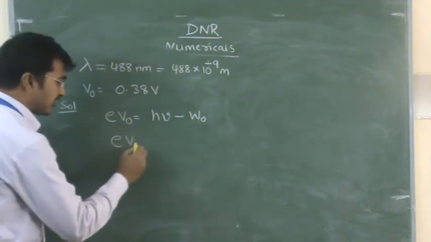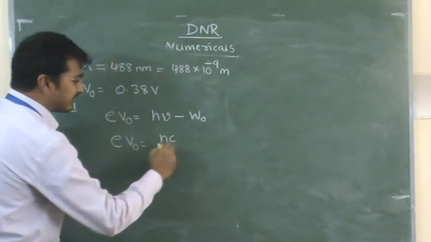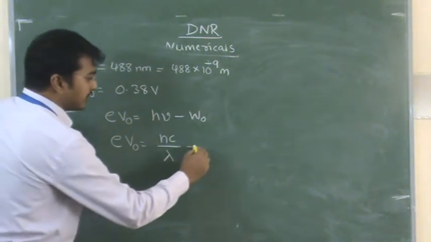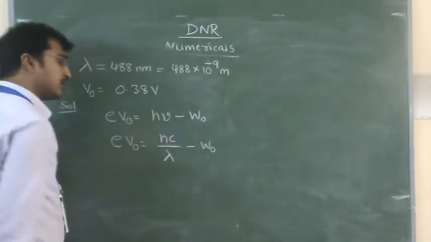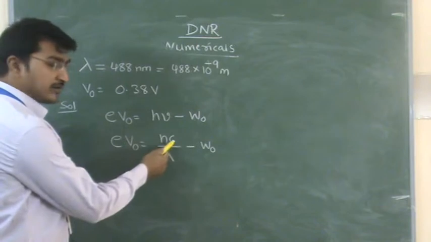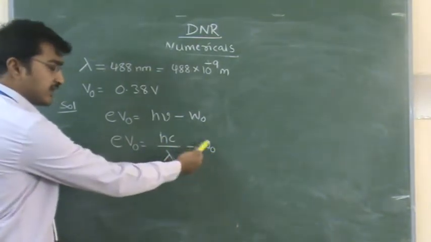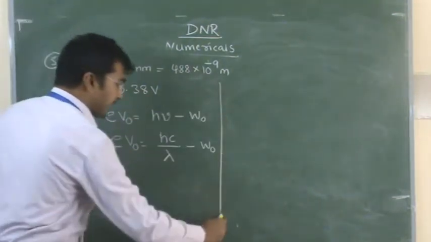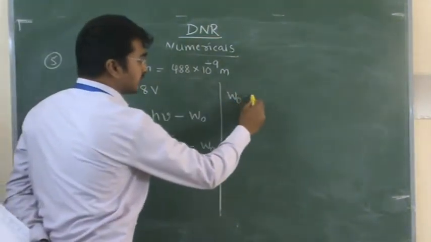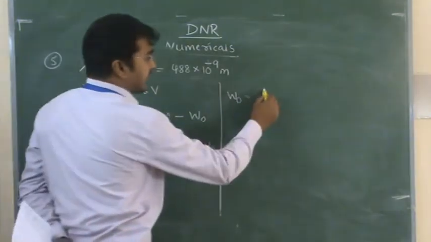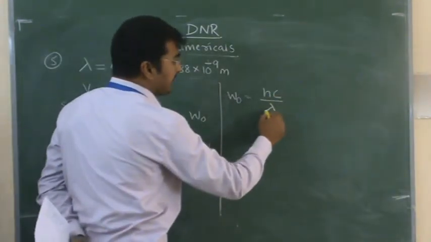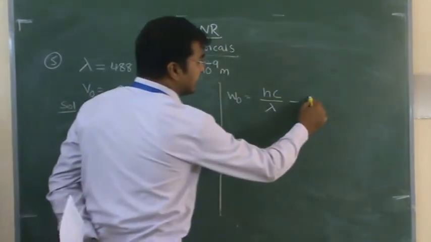So eV naught is equal to hc divided by lambda minus work function. So what do we have to find? Lambda given, c value, h value we know. Work function we should find. So then take this W naught this side and eV naught this side. So W naught is equal to hc divided by lambda minus eV naught.